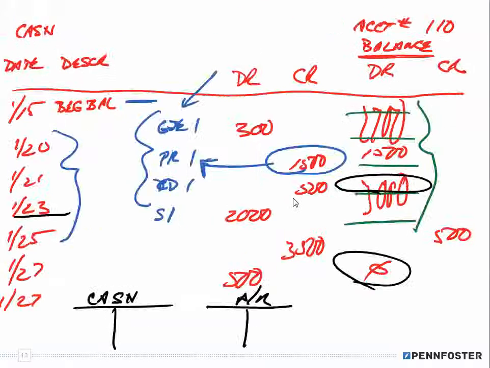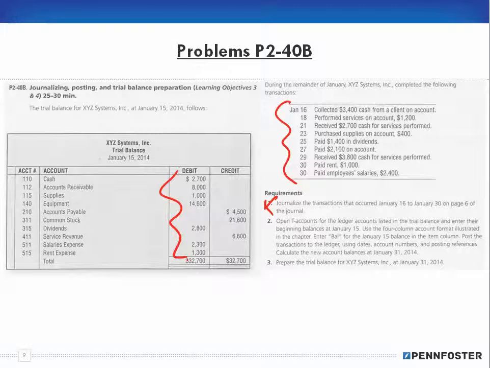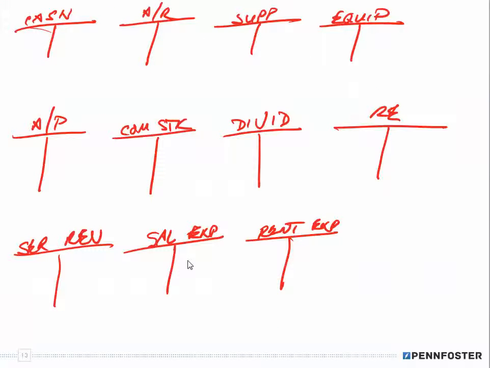Again, I'm not going to be using dates here because of time and space. What we do first is we've created the accounts, and now we have to actually put these beginning balances in those accounts.